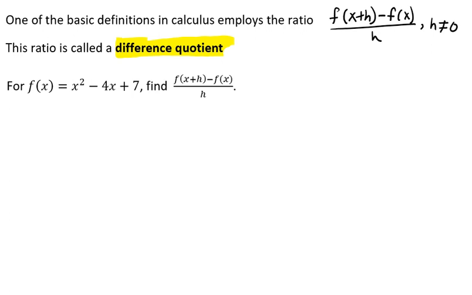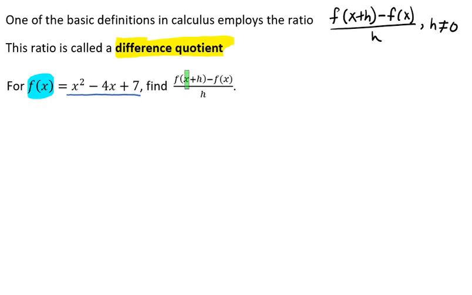So here we have f of x, we're going to let that equal x squared minus 4x plus 7, and we want to find what that difference quotient is. So we're going to start off by plugging stuff in. Remember that f of x is all of this, right?